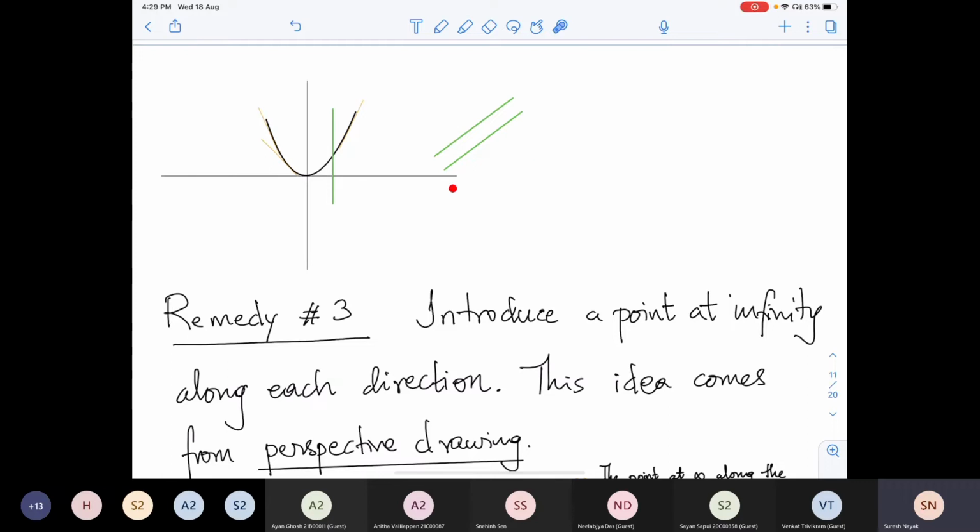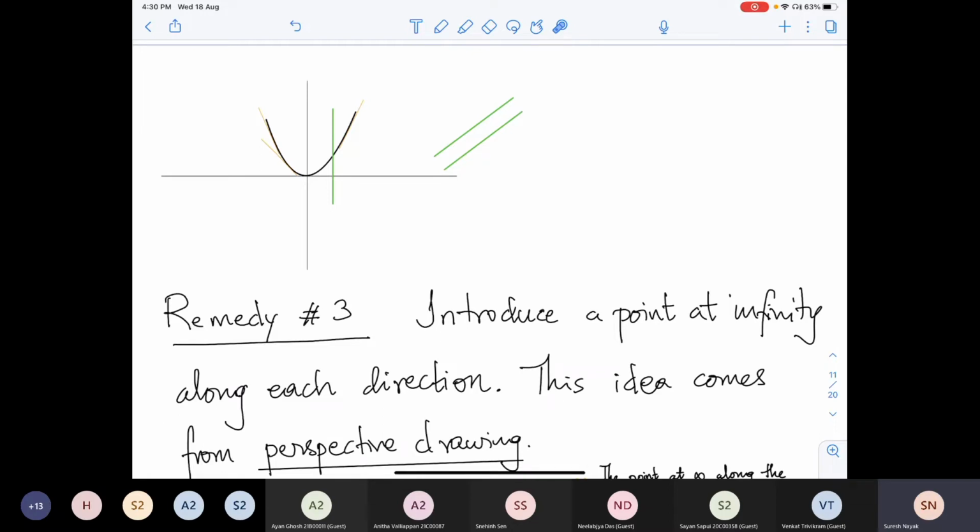So for all these parallel lines of a particular slope, I'll introduce one point at infinity here. For all vertical parallel lines, I'll introduce one point at infinity somewhere, at infinity. So this is a vague phrase. I'll try to make it a bit more precise by some abstract method. So I hope you will be able to get something out of it.